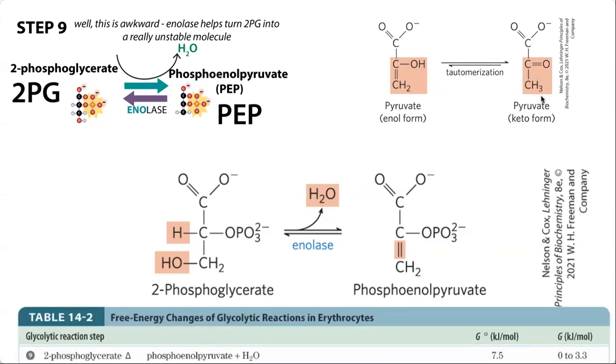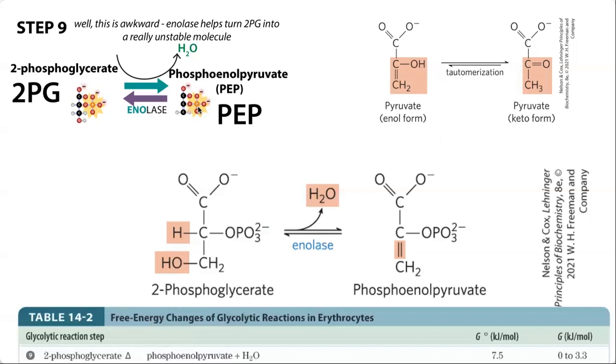This keto form is going to be much more favored than the enol form. So if we just take an enol and let it go, it would really want to go to the keto form. But what enolase is able to do is trap it in this enol form by that phosphate group.